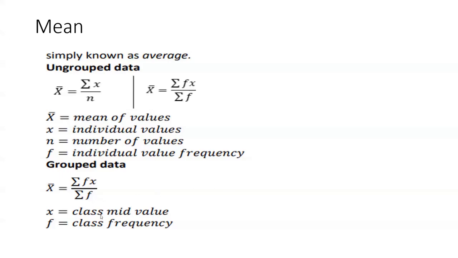So you realize that each of those classes has its own frequency. And then to get the value of x, it would be the lower class boundary plus the upper class boundary divided by 2, and you'll be able to get the mid value. And then the class frequency is always provided.